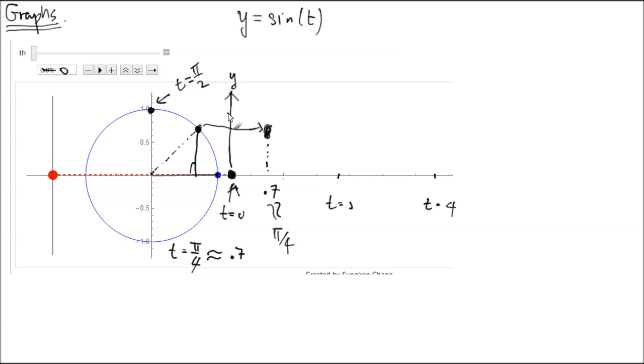Remember, t is representing the angle. That's what t is. But what is pi over 2 roughly? Is that 1.52? I hope that's right. What is it? 1.5? Let's say it's 1.5.